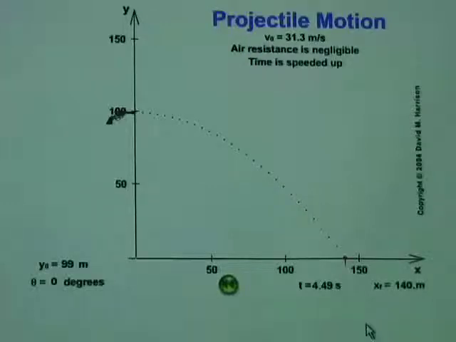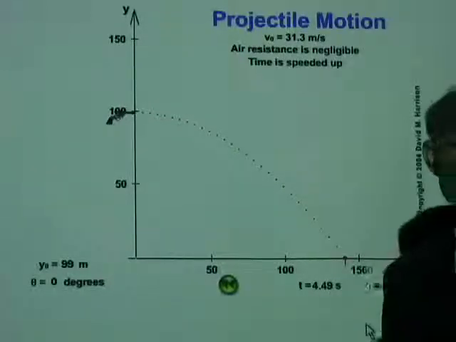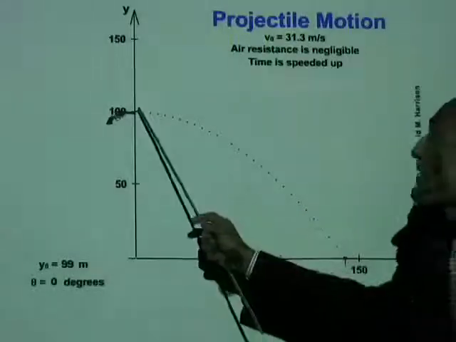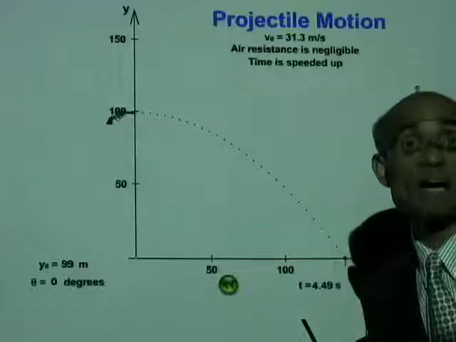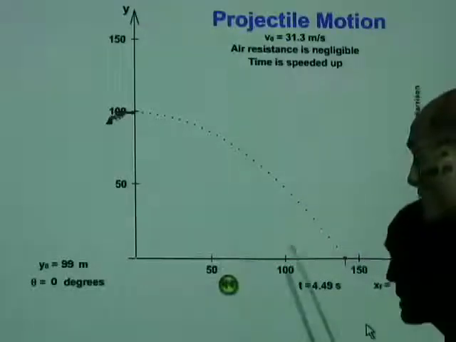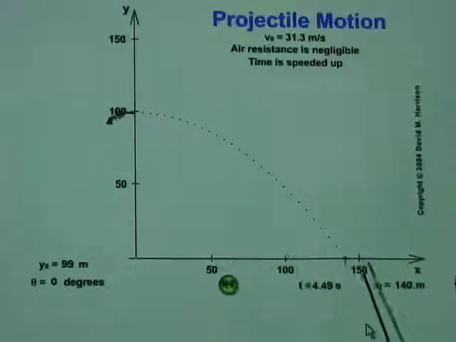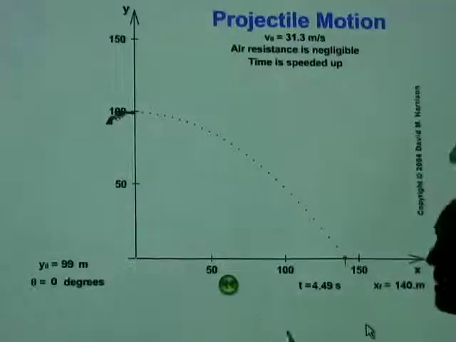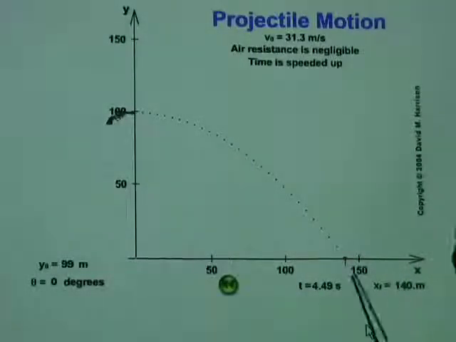Now the horizontal distance now equal to 140 meter, and the time taken is 4.49 seconds. Now, is the firing velocity the same as before? I want to calculate that. What is the velocity of launching? What is the horizontal velocity? Which will be 140 divided by 4.49.